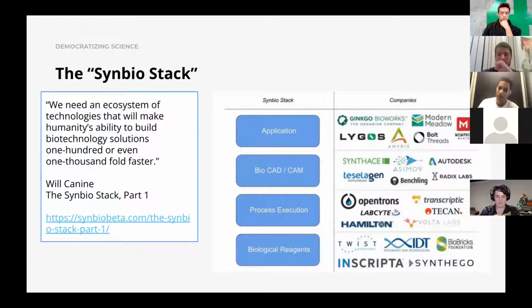So if we could open up some of those other arenas, make more tools that are open source, more reagents, and maybe more BioCAD and CAM tools that are open source, cheaper, easier to use, who knows what we'll see in the next 10 years.